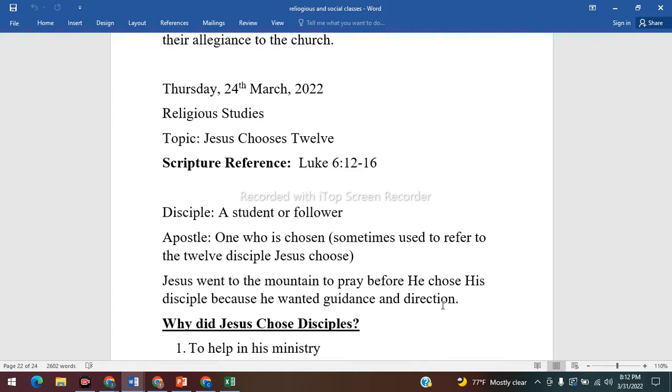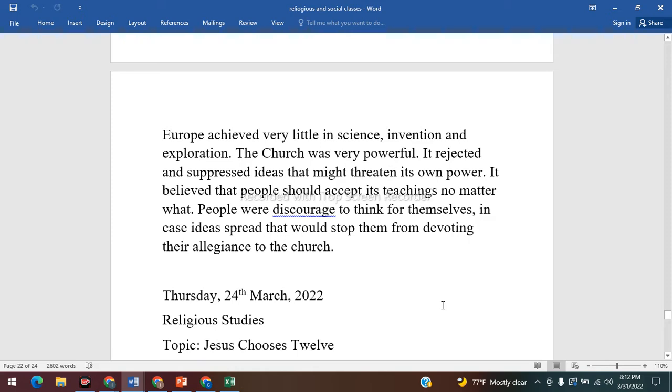Because the church what? The church did something. What did the church do? Did we get into that? No, so discourage the people. It's right there in front of me.